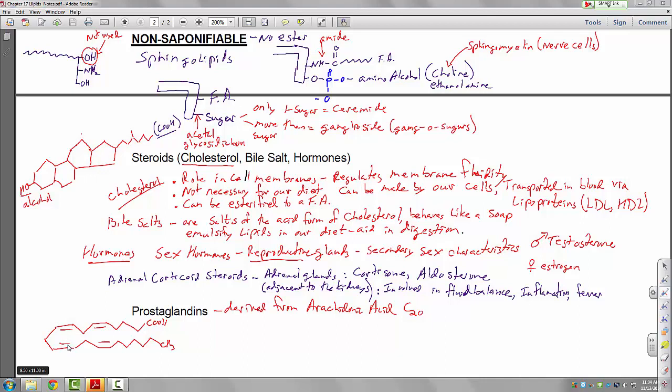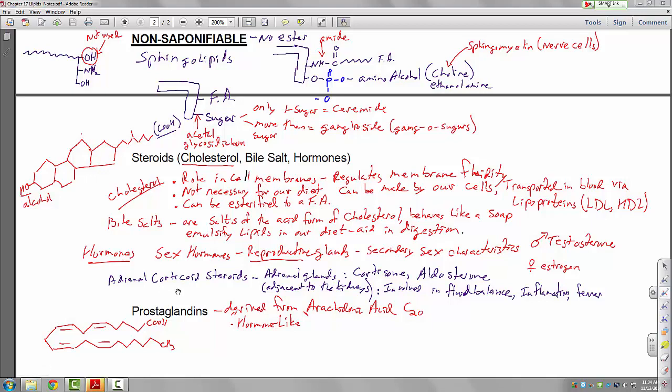And the prostaglandins, we've said these are hormone-like because they're excreted into the blood, and they have their effect throughout the body. It's like hormones. However, hormones come from a specific gland, maybe the testes or the adrenal glands, or growth hormone from your pituitary gland, or insulin from your pancreas.